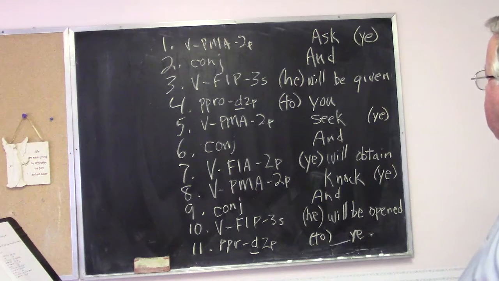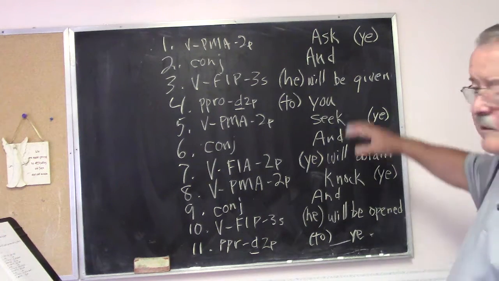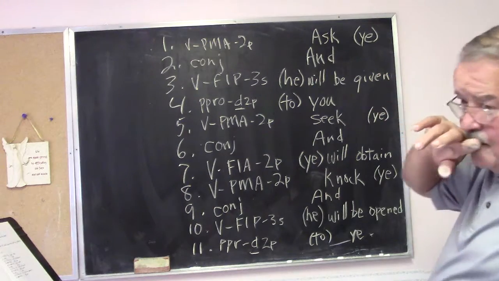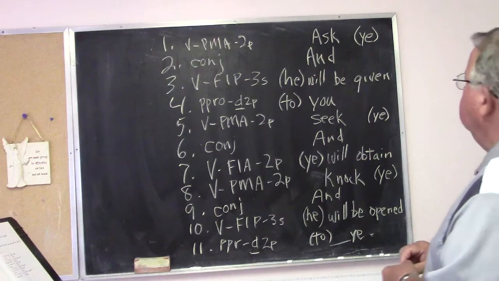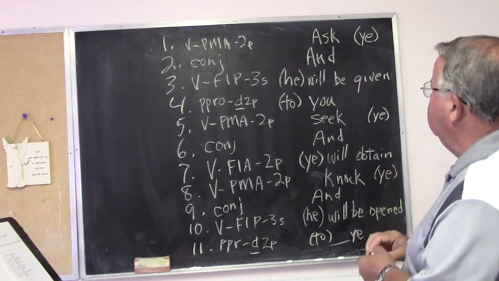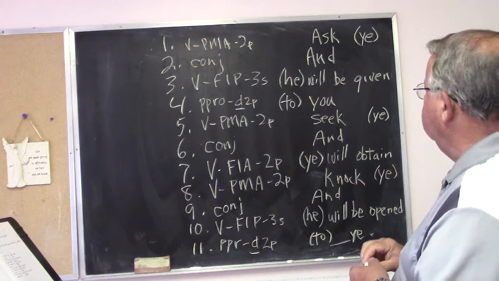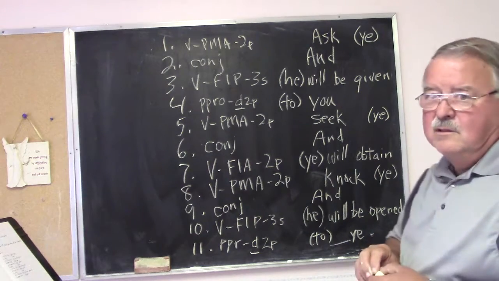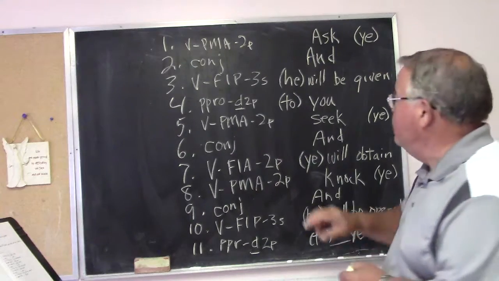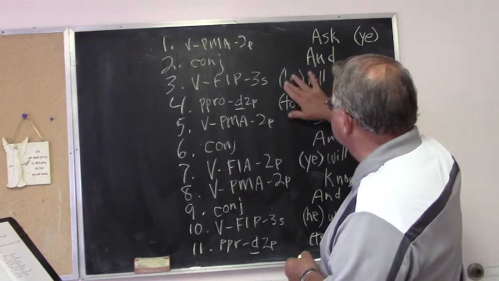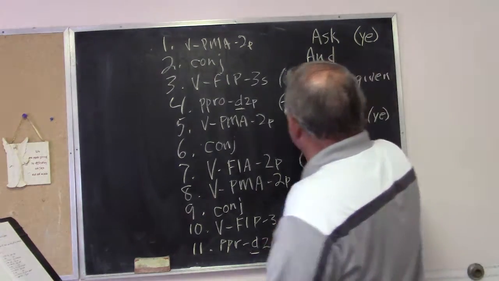Well, let's take a look at it. What have we got? Can you fumble through this with me? Ask ye, and it will be given to you. Probably we're into an it here, aren't we? So we change that to an it.